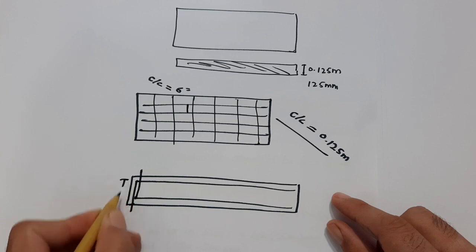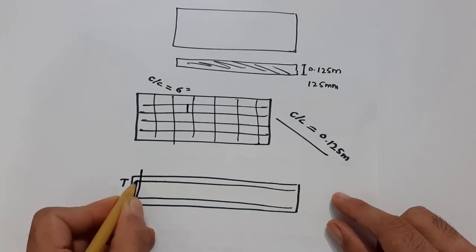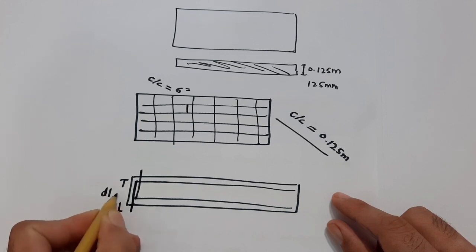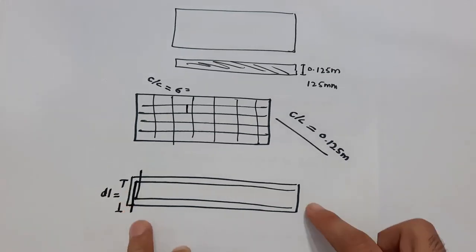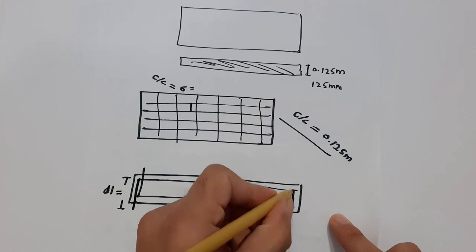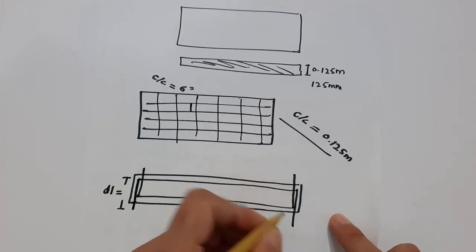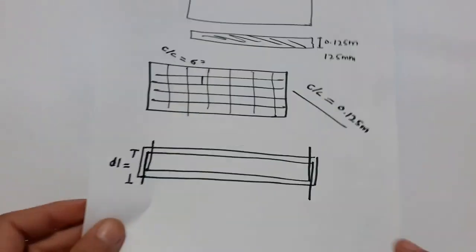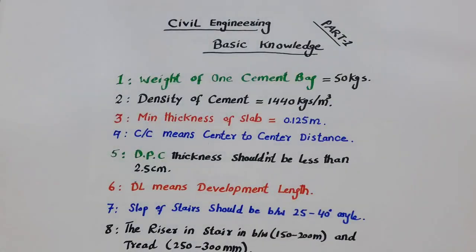From here to here, this length is called DL, development length, which makes a good bond between steel and concrete.